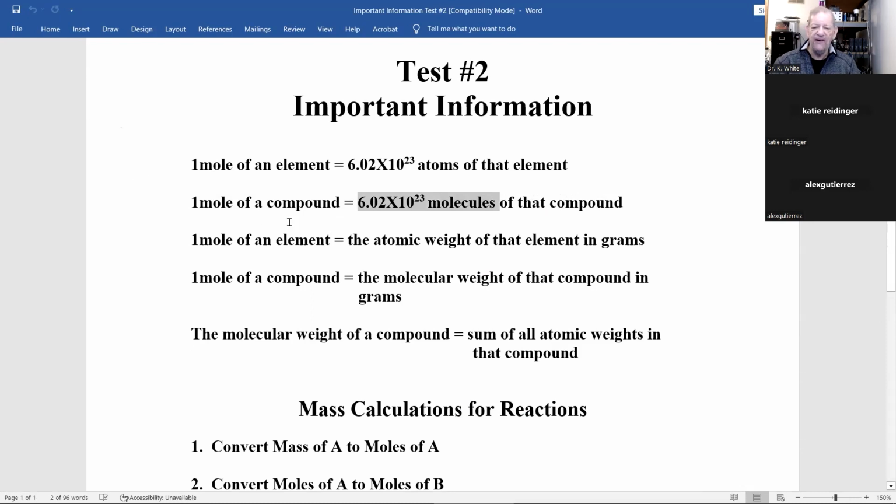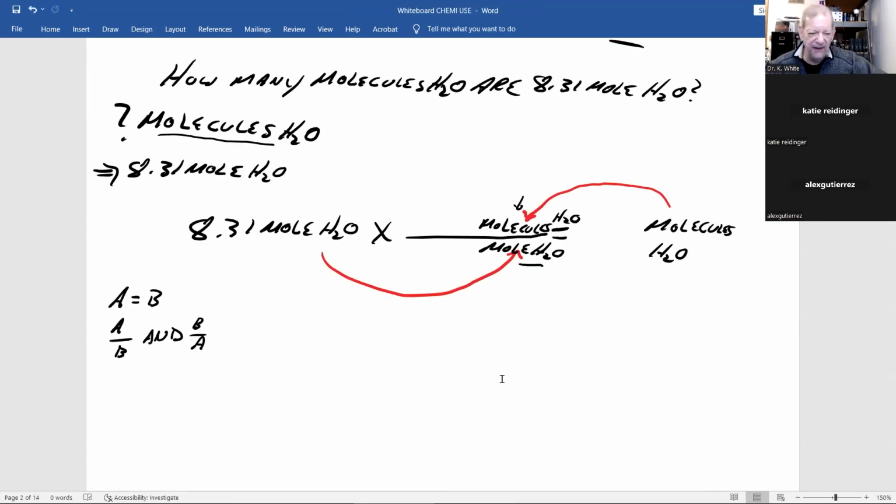For every mole of a compound, there's 6.02 times 10 to the 23rd molecules of that compound. Because I know that, I know A equals B, 1 mole of water is 6.02 times 10 to the 23rd molecules of water.